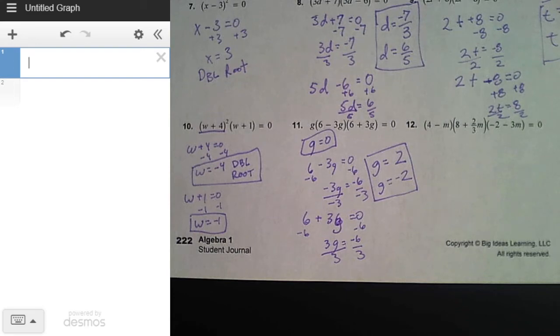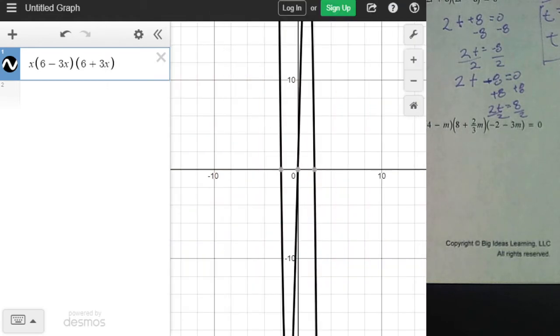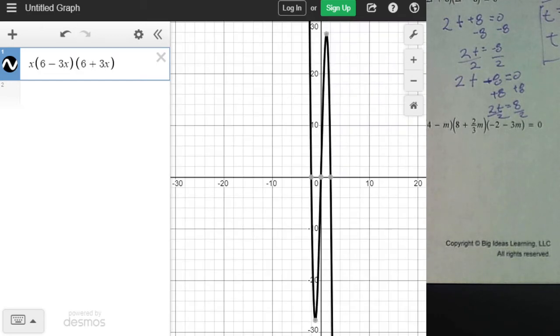So let's go ahead and see again how that looks when we graph it. Zoom out a little bit.